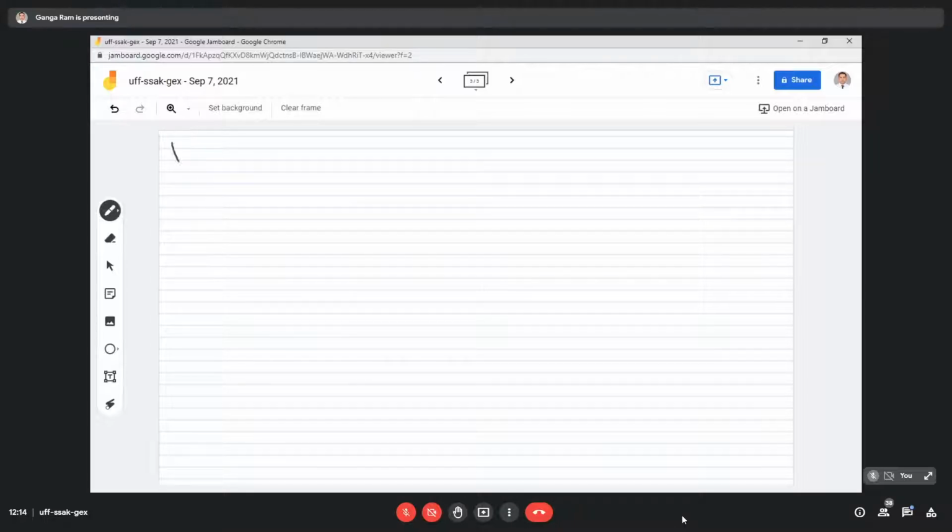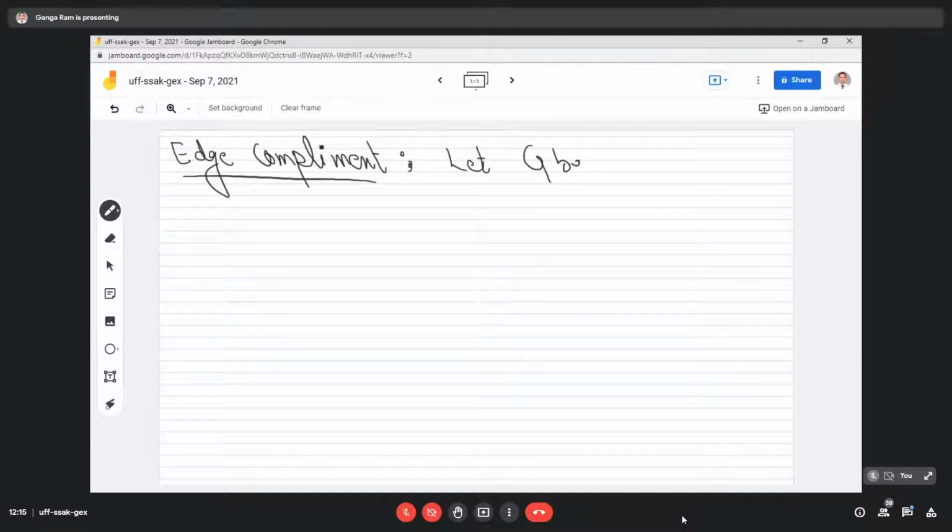Edge complement. What is the edge complement? The edge complement of a simple graph. So first the condition: let G be a simple graph. Then the edge complement of the simple graph G is represented by G bar.